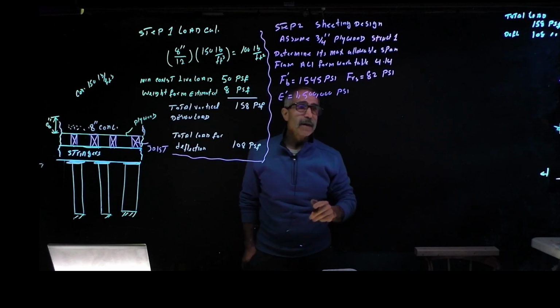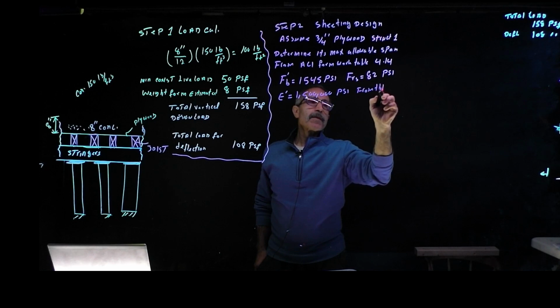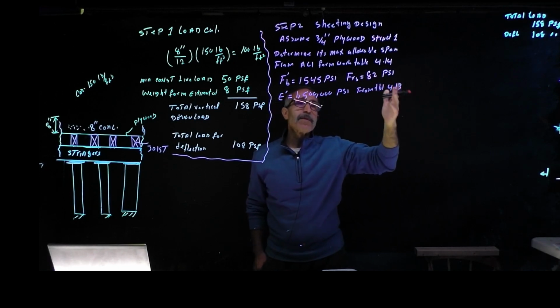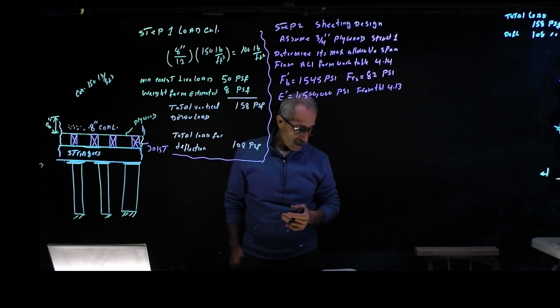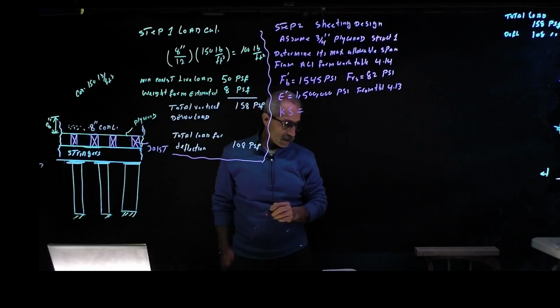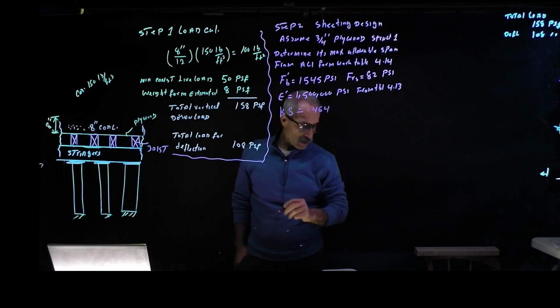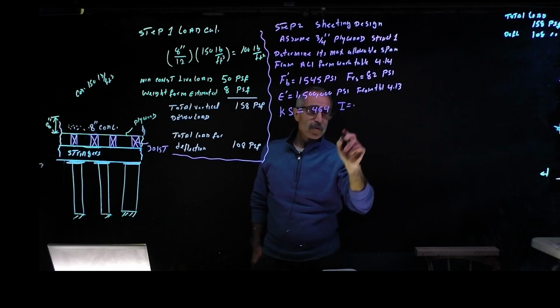Also from table 4.13, which is on the board, an ACI table, or you can go to an APA table in the Wood Design manual. Both can be picked up online on Google. The section modulus, which they call KS but is basically S, is given as 0.464, and the moment of inertia is given as 0.202.